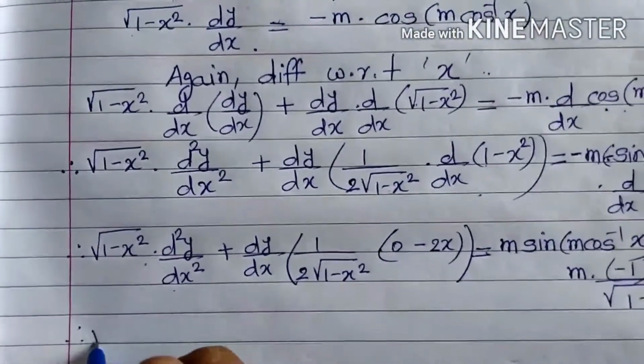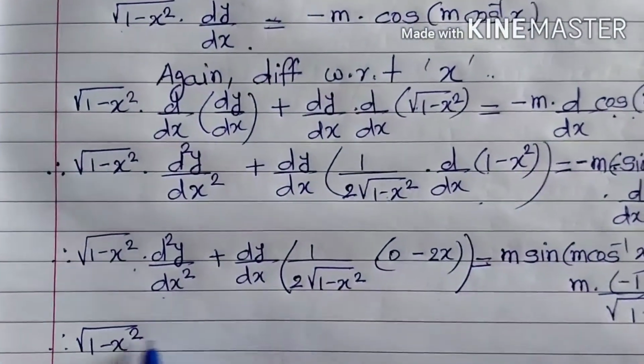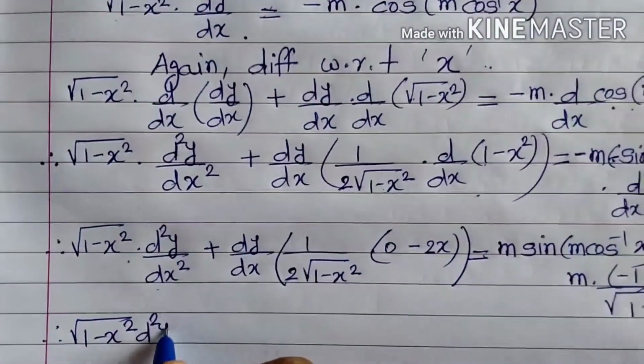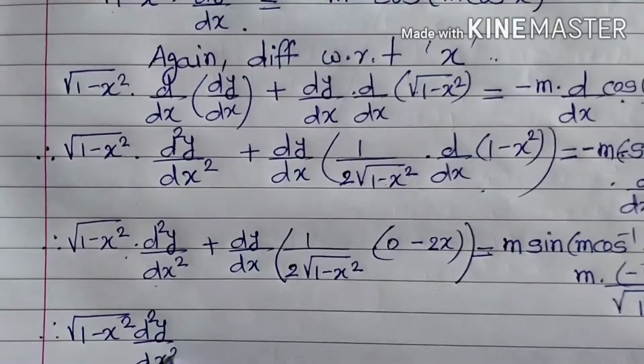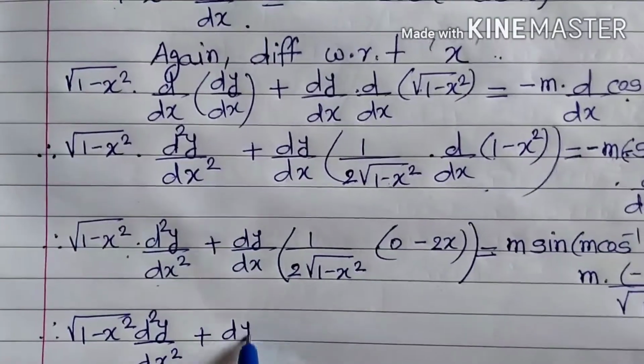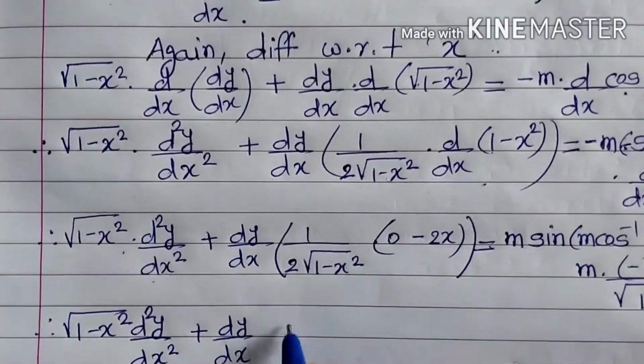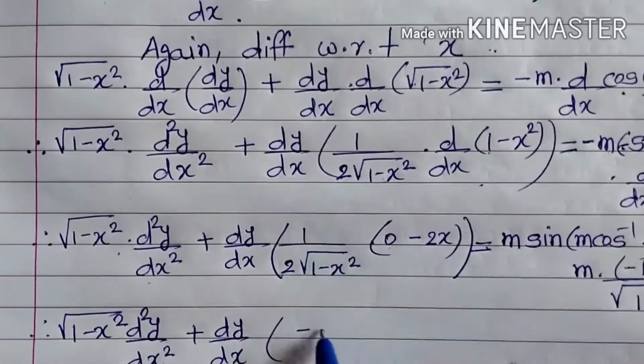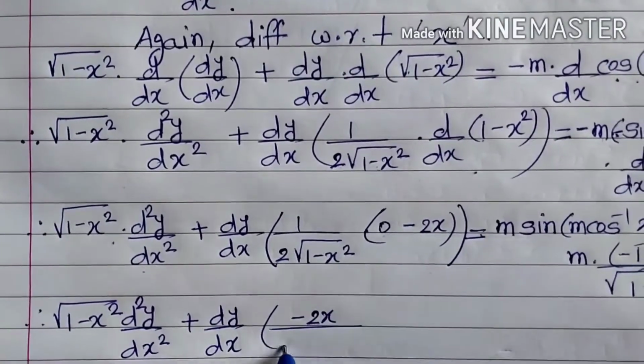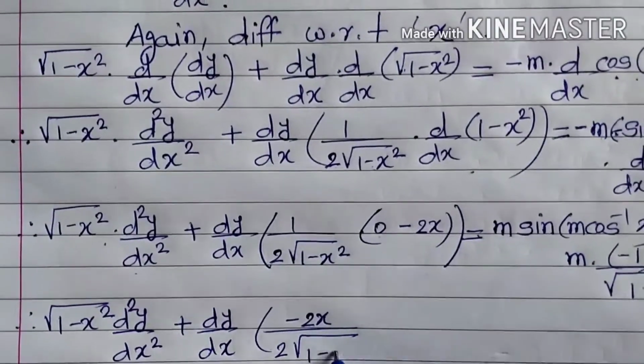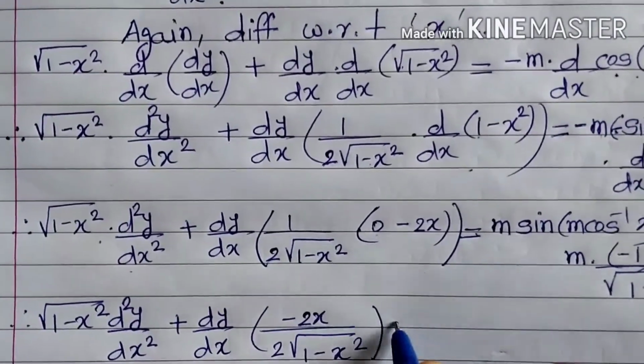So next step is under root of 1 minus x square d2y upon dx square plus dy upon dx, and it will become 0 minus 2x, that is minus 2x upon 2 under root of 1 minus x square.